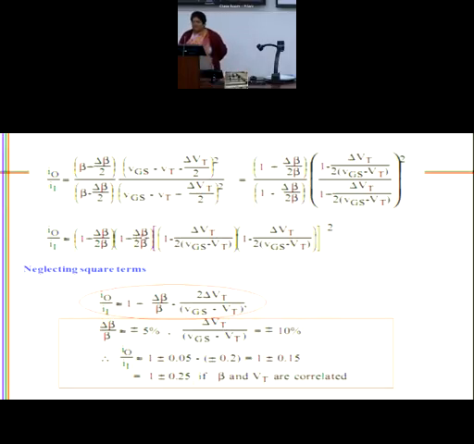Why? Because the second term is delta beta upon 2 beta. Delta beta is a variation and variation is not going to be large because I would be taking proper care in layouts. I am going to use common centroid geometries and whatnot. So delta beta is going to be small. That means the second term would be much smaller in comparison to 1. I can very well use binomial expansion.